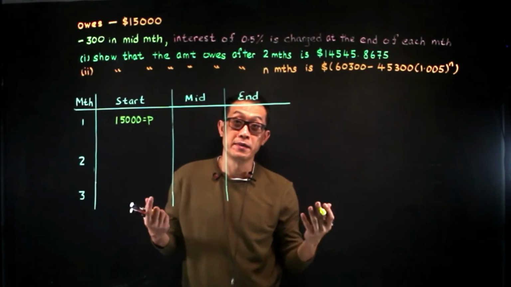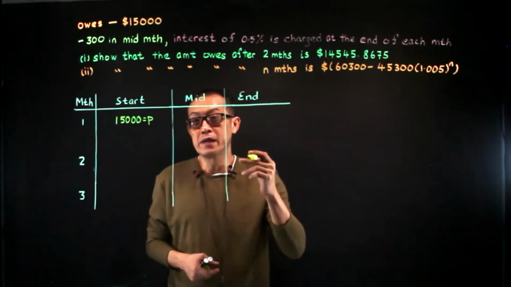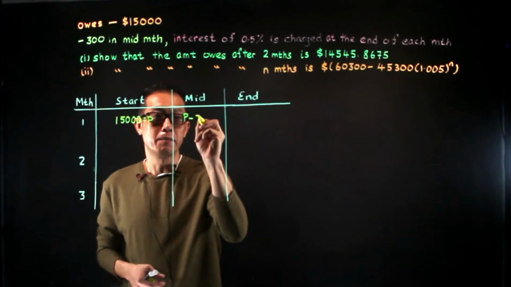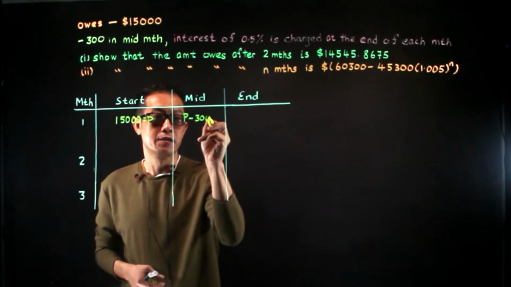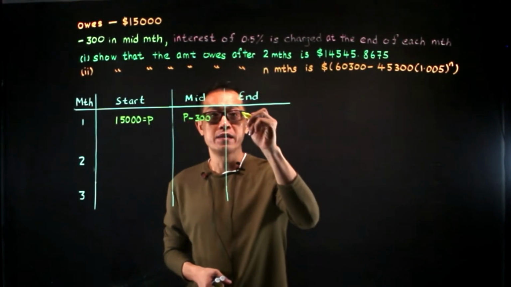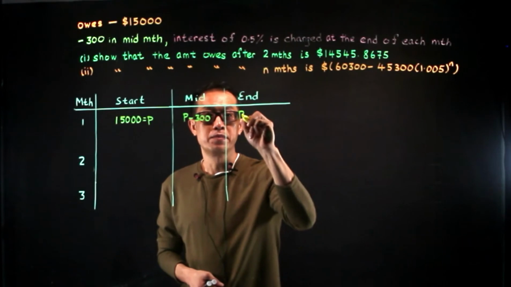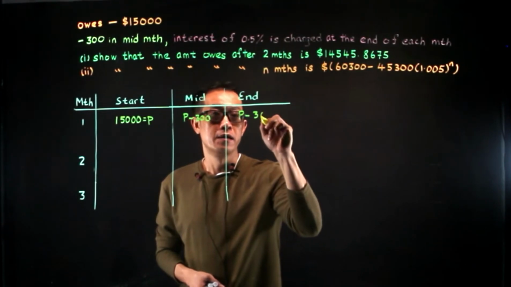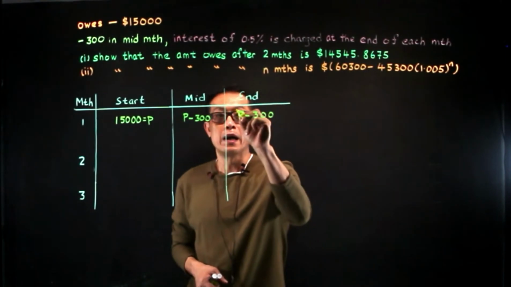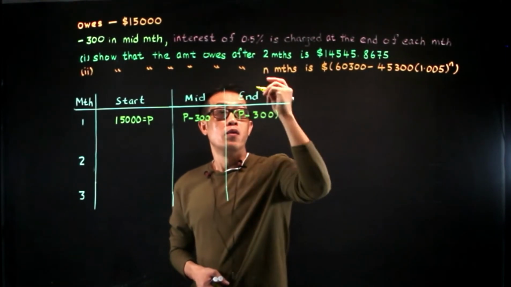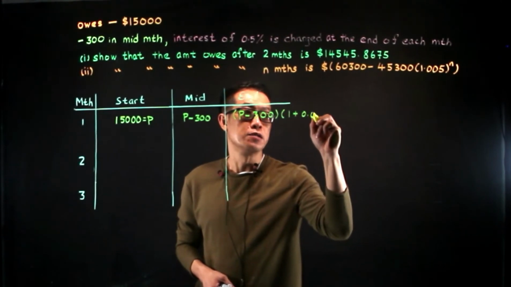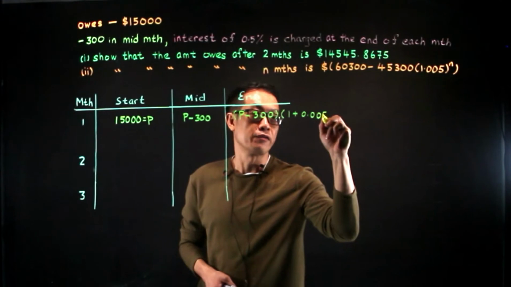P can mean principal. In the middle of the month, the amount would be P minus 300. At the end of the month, he still owes the bank not only this amount, but you need to multiply by 1 plus 0.005.